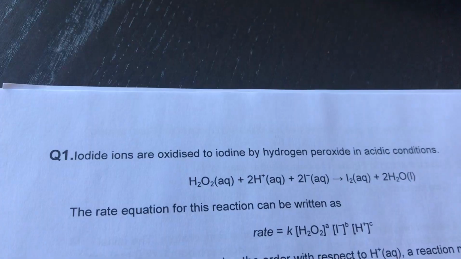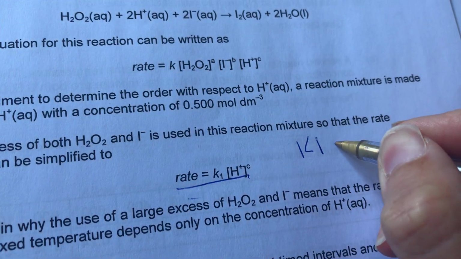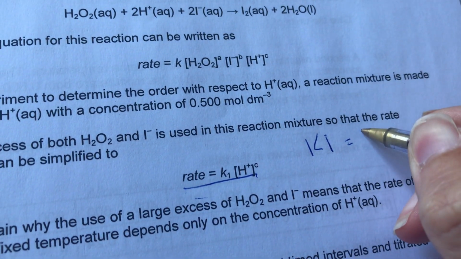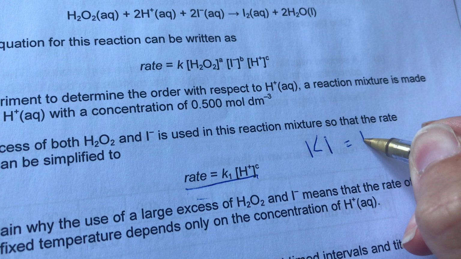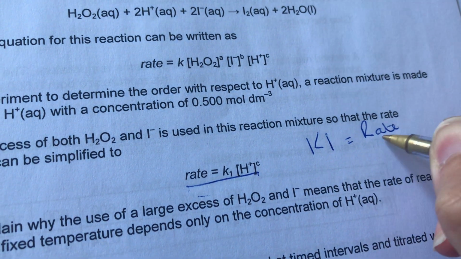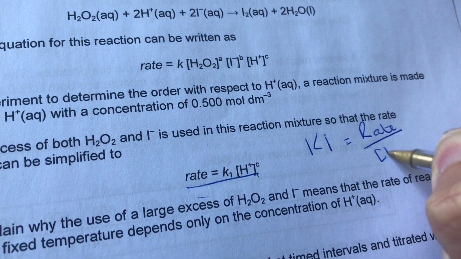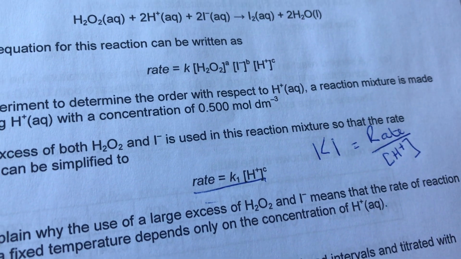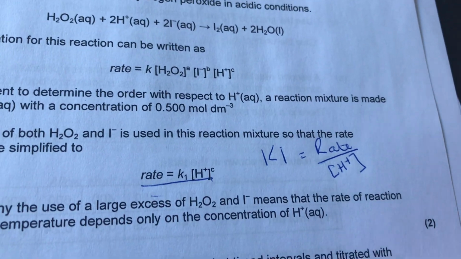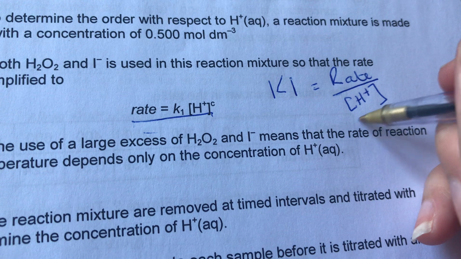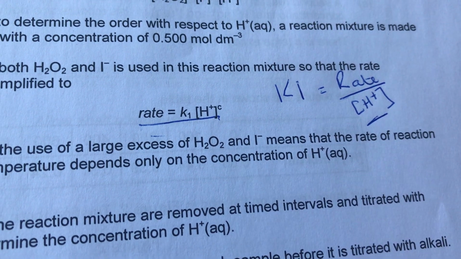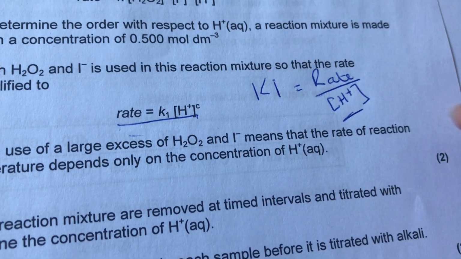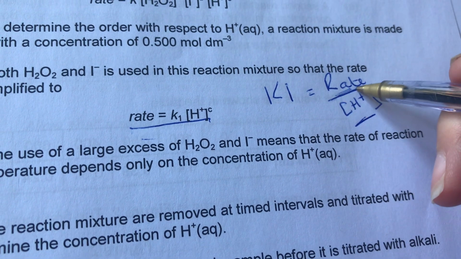K1, that's a big one. K1 equals rate over H plus, but we know that this is 0 order. Therefore, K1 just equals rate.